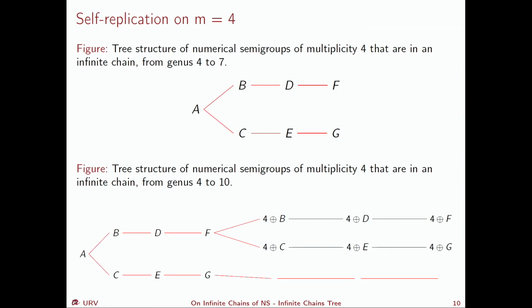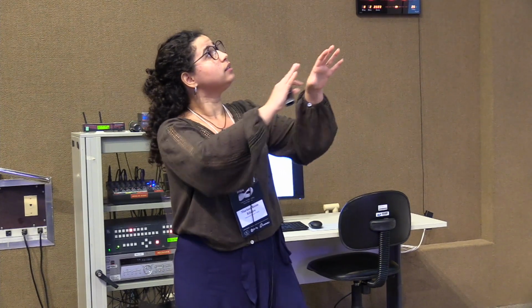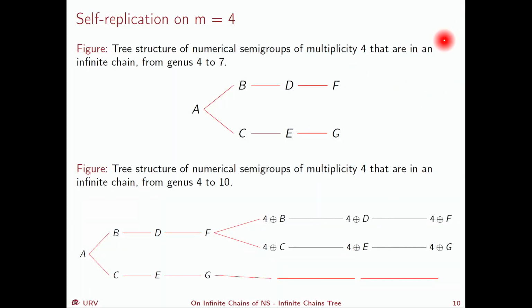But for now, we have this one. For the sub-tree of the tree of numerical semigroups in an infinite chain, the sub-tree with only multiplicity 4 begins this way.